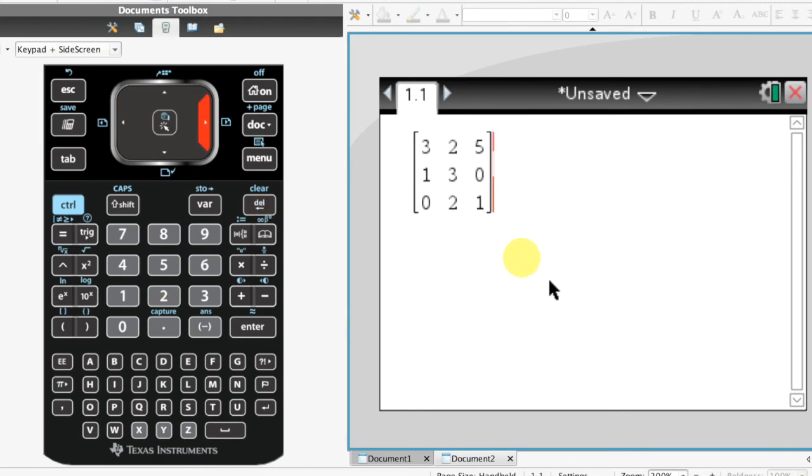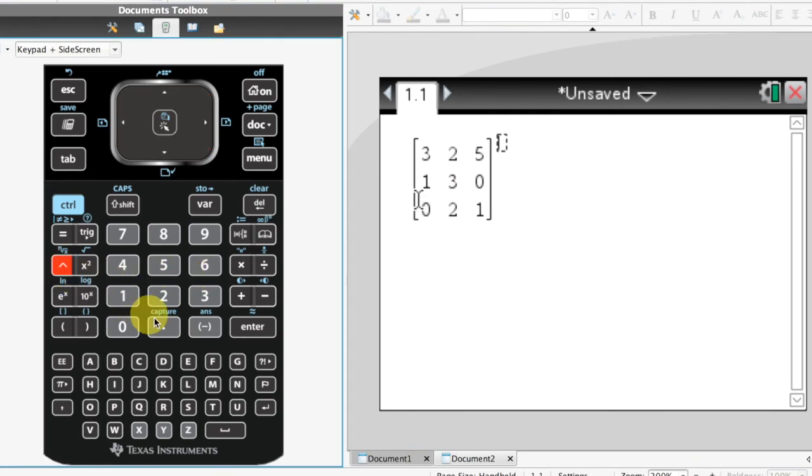Now that there, as it is, is my coefficient matrix. Now I want to find the inverse of that, so I'm just going to raise that to the power of negative 1. So now that's the inverse of the coefficient matrix, and I multiply that by my answer matrix.